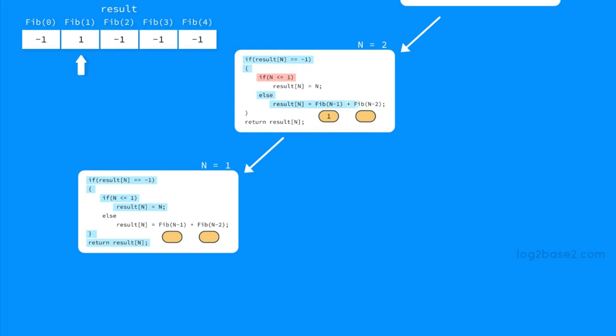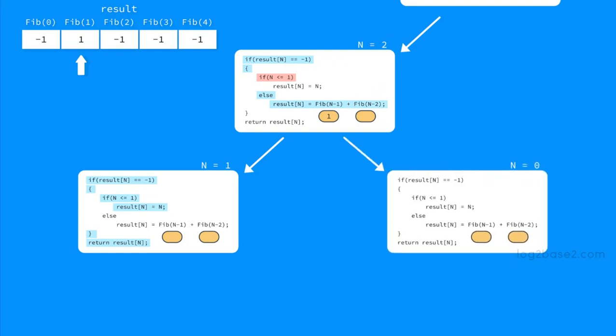So now the second call fib of 0 will be executed here. Here also, first we are checking if it is solved. And we have result of 0 equal to -1, so we need to compute the result. So check if n is less than or equal to 1, and it is. So set result of n equal to n. So in the array, result of 0 is set to 0.